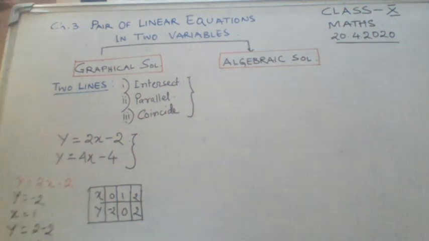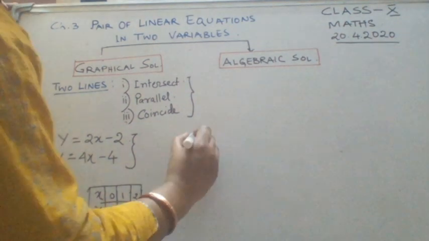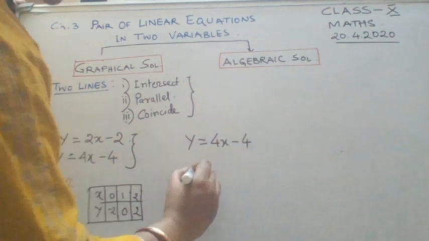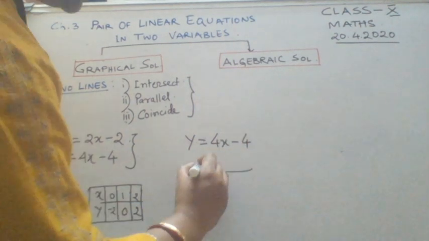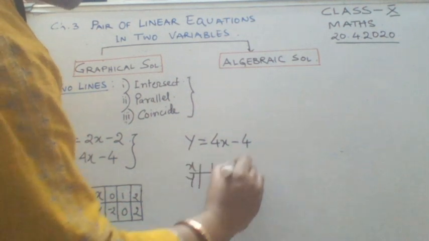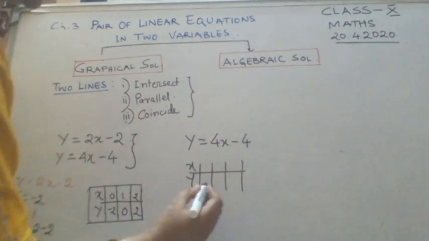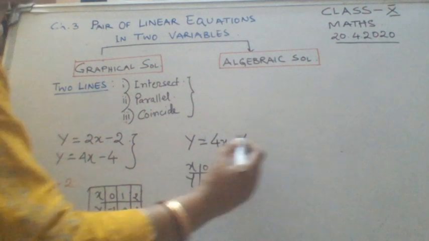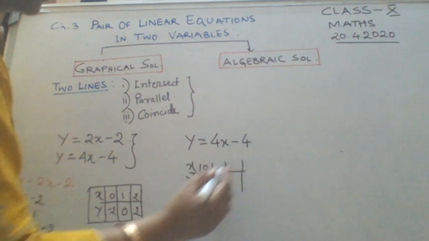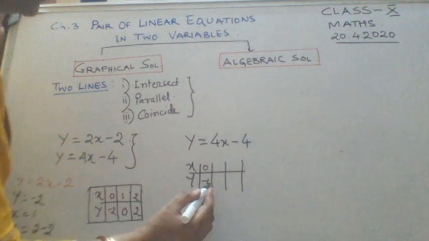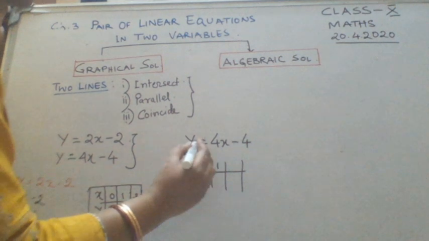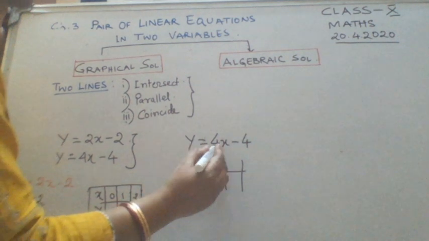And another one for the other equation, it says y is equal to 4x minus 4. So this way the table, x and y. You take x is equal to 0, y is equal to minus 4. Fine. If x is equal to 0, 4 into x will give you 0, so y will be equal to minus 4. If x is equal to 1, then y will be equal to 4 into 1 is 4, 4 minus 4 will be 0.